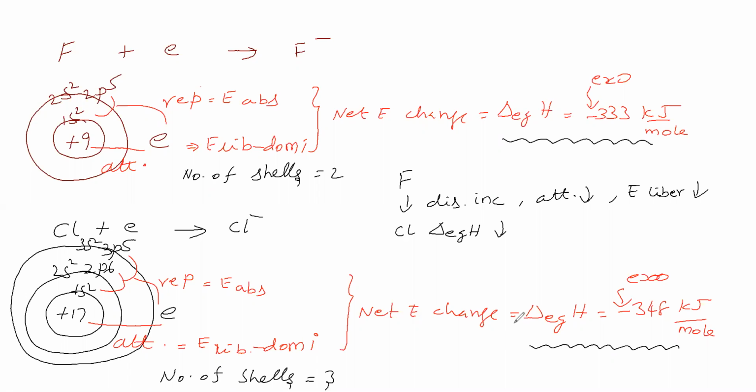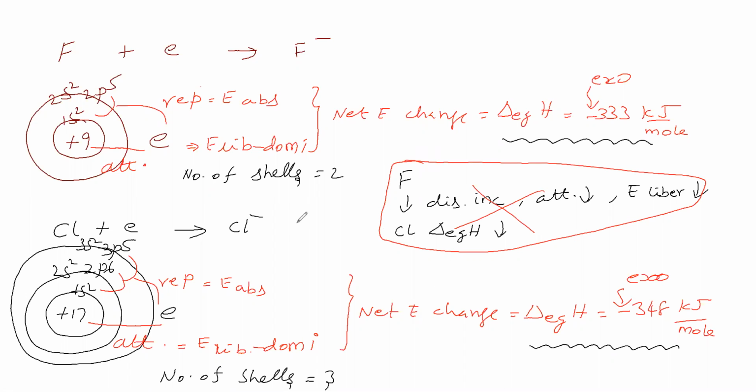To explain this, we can't give this statement. This explanation we cannot give. So what explanation do we have to give? That we will see. What is the suitable explanation?